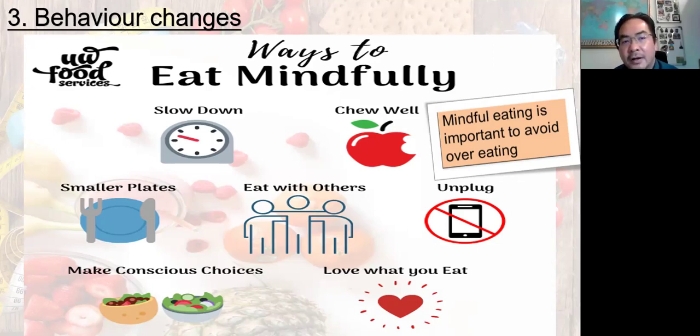And a lot of us, when we are eating, we bring up our handphone, and then we eat when we are typing messages, and we just chunk down the food, don't even have time to enjoy the food. And then some of us, just because we want to save time, we basically spend about 5 minutes to finish our meals. And some of us do have the tendency of skipping meals. And when we become very hungry, then we eat a huge meal. So all these are very unhealthy habits that we have to consciously try to change for the better.